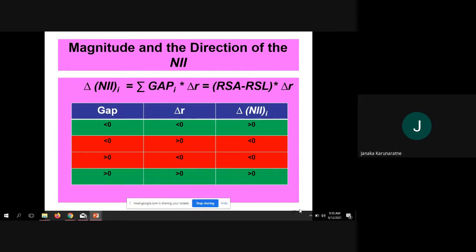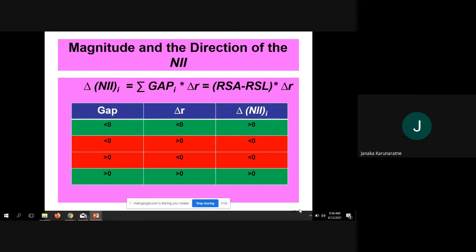In simpler terms, change in net interest income measures the impact, equal to RSA minus RSL within that particular time period, times change in interest rate.